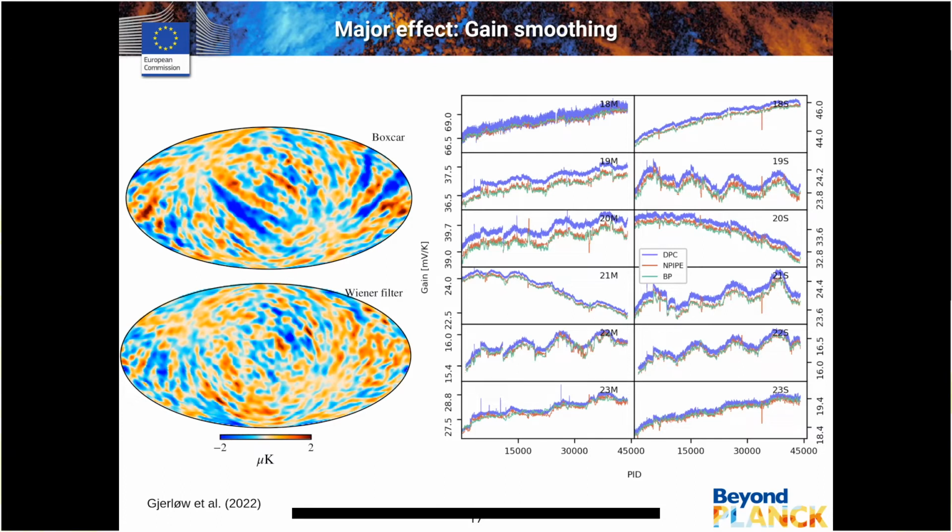And so to get a less noisy measurement, what we do is we smooth the gains over a chunk of pointing periods to get a smoother looking curve. And originally what we were using is basically a boxcar filter over these gains with some special exceptions for gappy periods or places where we knew there were big jumps. And when you do the boxcar gain smoothing, you end up with these sort of large scale stripes that we were trying to track down.